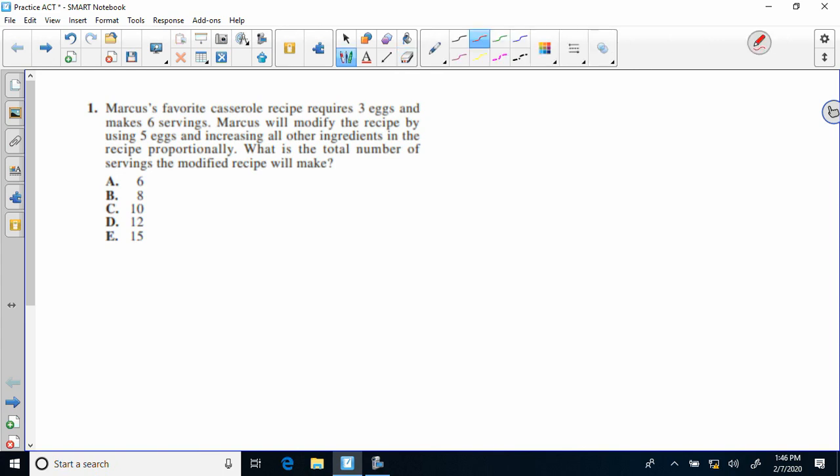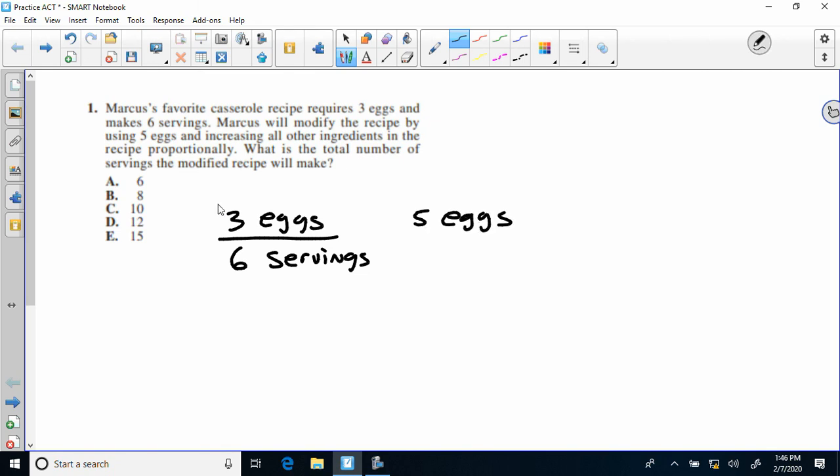So number one, it says Marcus's favorite casserole recipe requires 3 eggs and makes 6 servings. So 3 eggs will make 6 servings. And it says Marcus will modify the recipe by using 5 eggs, increasing all of the ingredients in the recipe proportionally. What is the total number of servings the modified recipe will make?